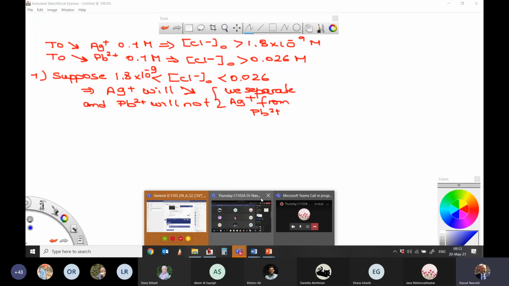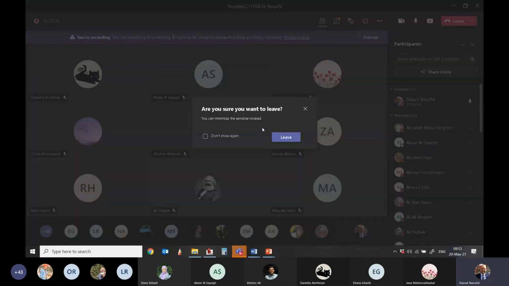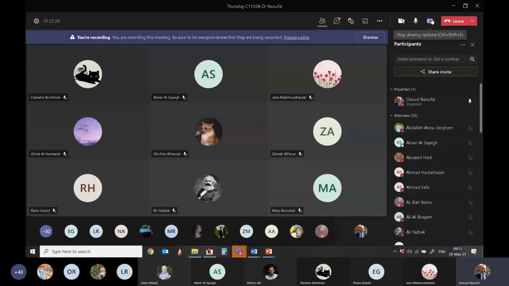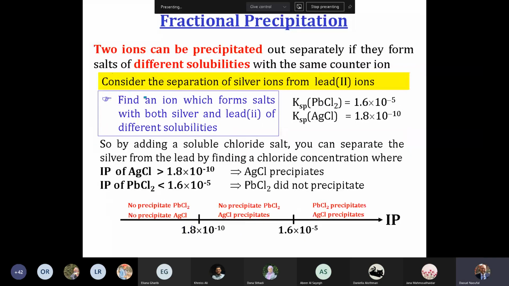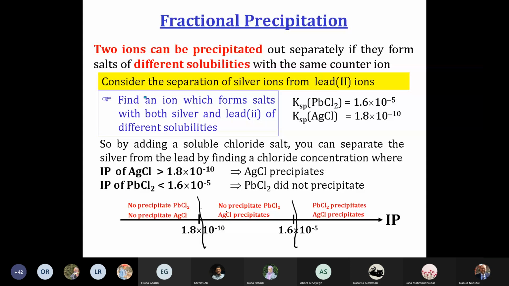We have a scale. If you are in this area, no precipitate of PbCl2, AgCl precipitate, so you separate Ag+ from Pb2+.